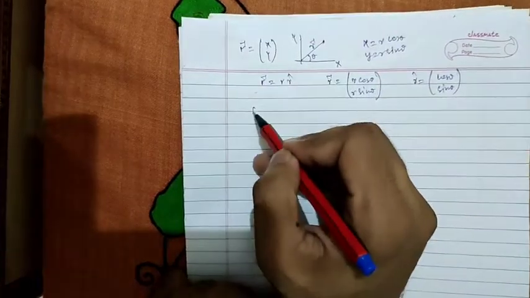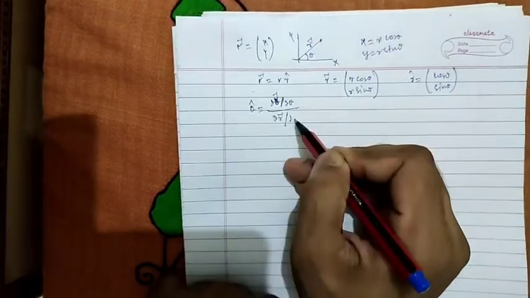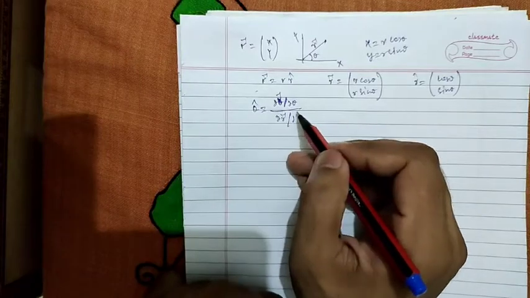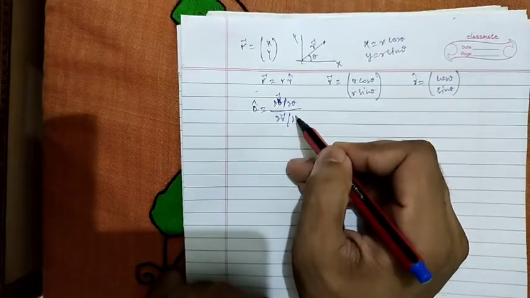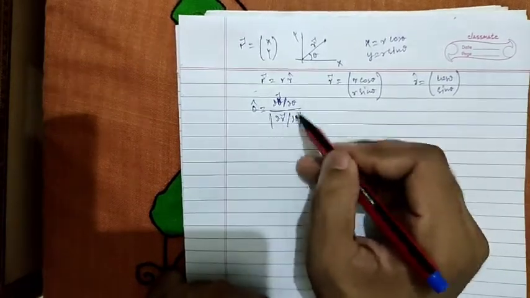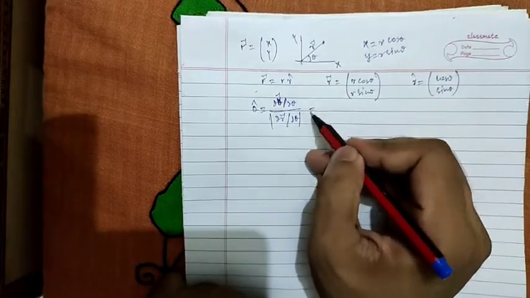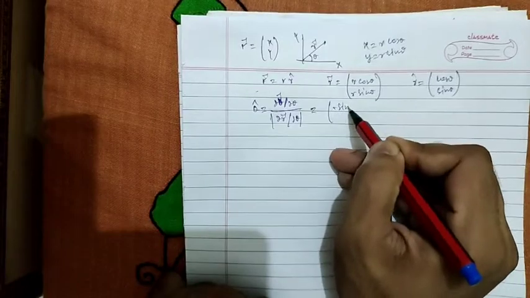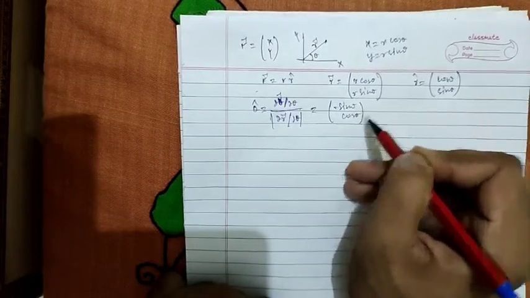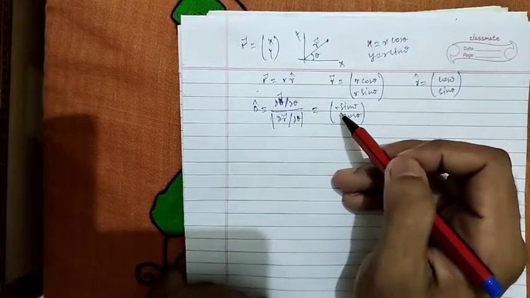And in the same way we can also find theta cap, which is the derivative of r vector by theta divided by its magnitude, which equals minus sin theta and cos theta. It can be easily calculated here.